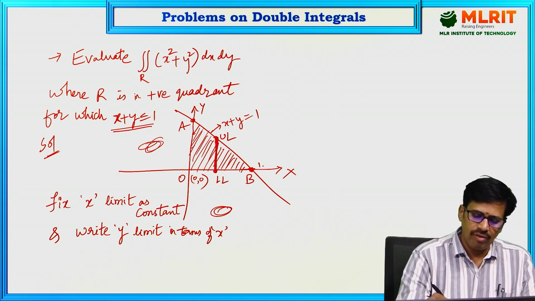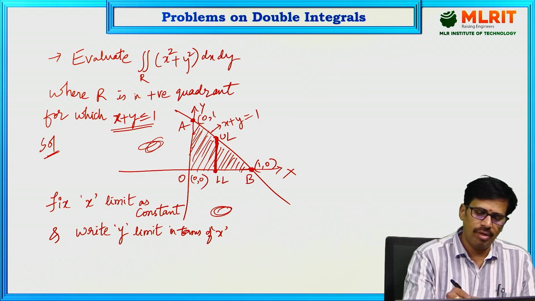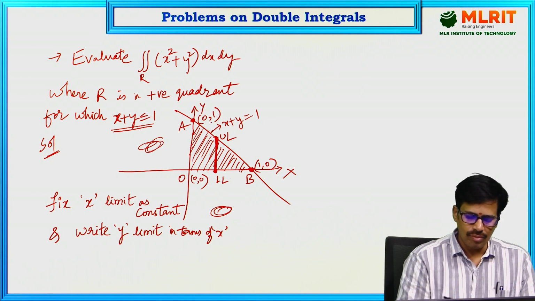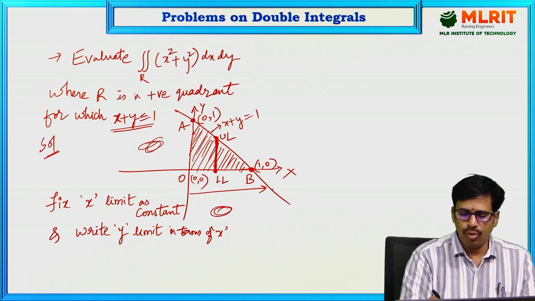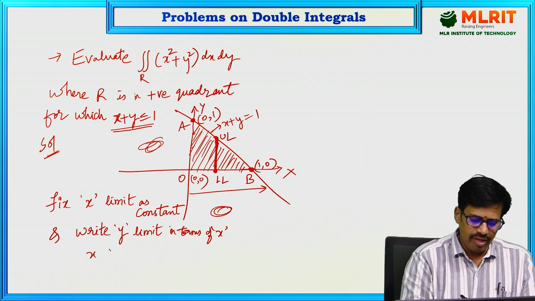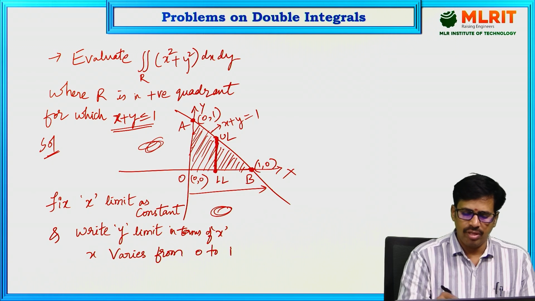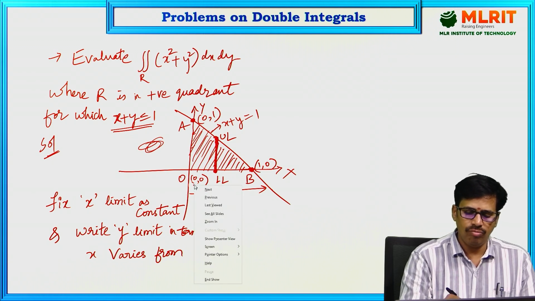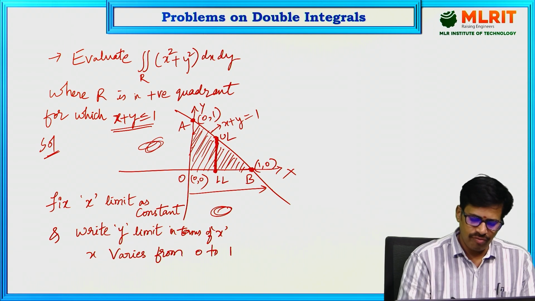This is say 1 comma 0, I mean coordinates, this is 0 comma 1. We can clearly see that if you are moving from O to B, clearly you can see on the graph, here x coordinate is 0 and here x coordinate is 1. So x varies from 0 to 1.